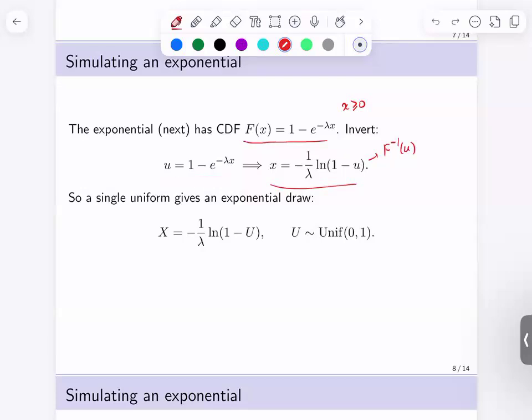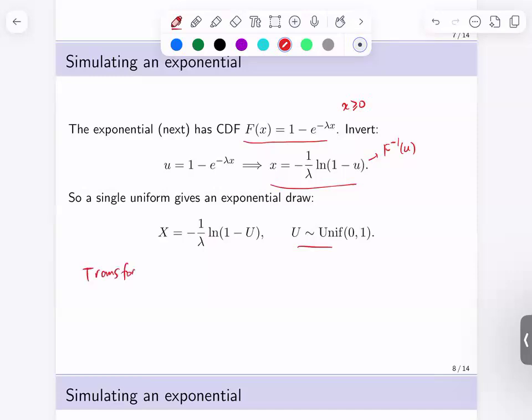That would give you F inverse of u. And so the random variable that is constructed as 1 over lambda, negative natural log of 1 minus u, where U is uniform, is going to have an exponential distribution.